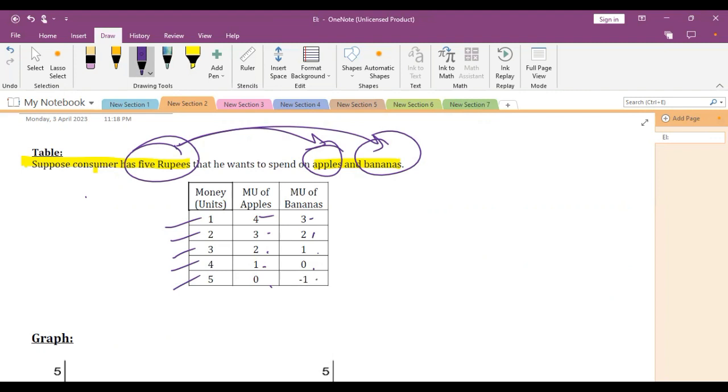The total of marginal utility of apple is 4 plus 3 plus 2 plus 1 plus 0, which is 10. Whereas the total of marginal utility of bananas is 5. How do we get this? By making a sum of 3 plus 2 plus 1 plus 0 plus minus 1.